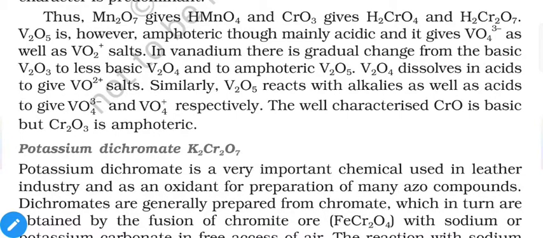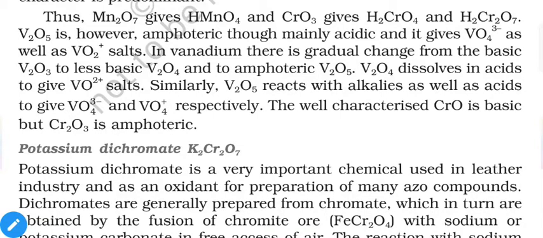V2O4 dissolves in acid to give VO2+ salt. Similarly, V2O5 reacts with alkalis as well as acids to give VO4^3- and VO2+ respectively. That means it represents its amphoteric nature. It can react with acidic as well as basic compounds.